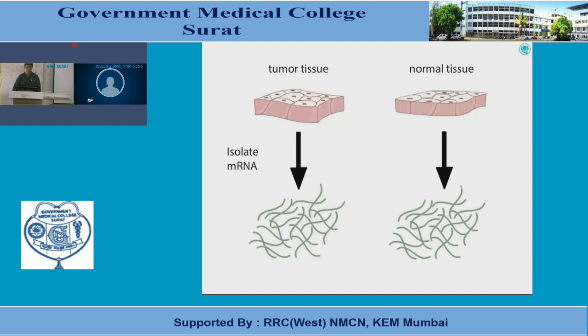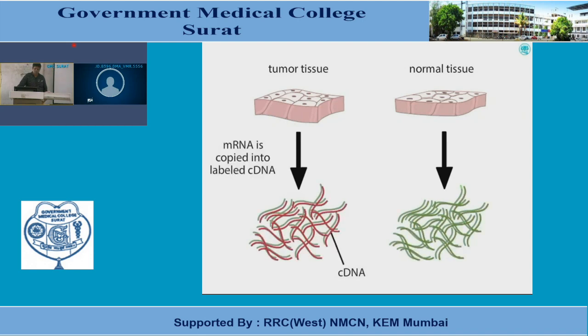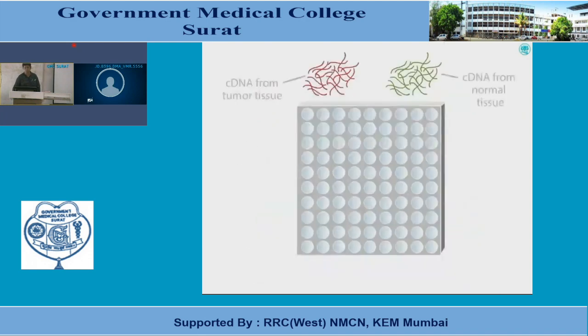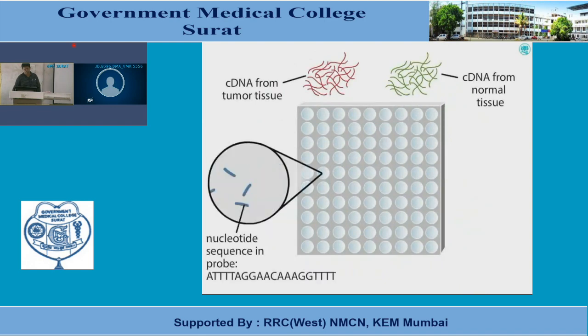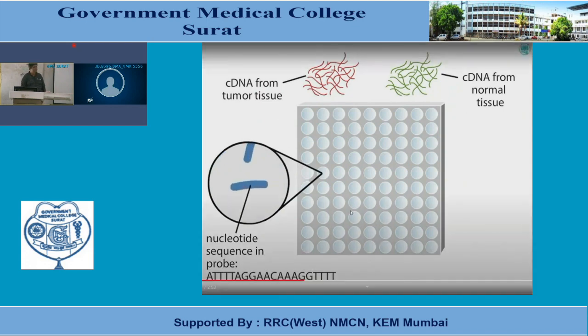The mRNA from tumor tissue is converted into cDNA, and the normal tissue is also converted into cDNA, the green color. This is a microarray plate, which has a number of wells. In each well there is a known nucleotide sequence probe, 20 to 25 base pairs.